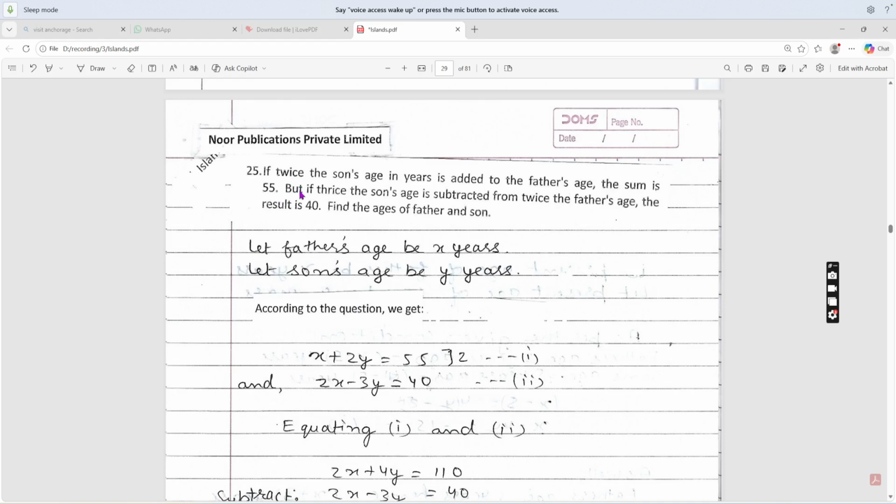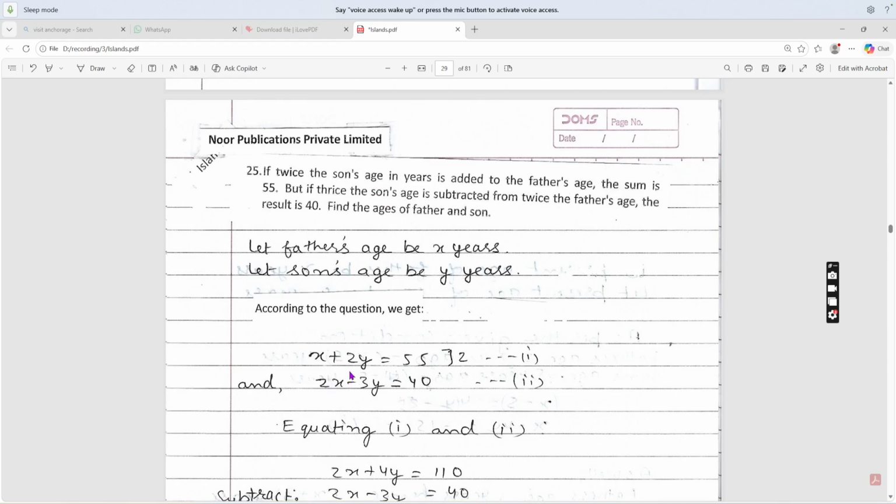Now, next. But if thrice the son's age is subtracted. Now, see, "is subtracted from". So whatever is written after "from" is going to be written before the minus sign. So here, what is written? From twice the father's age. What is the father's present age? That is x. What is twice the father's present age? That will be 2x. So 2x is going to be written before the minus sign.